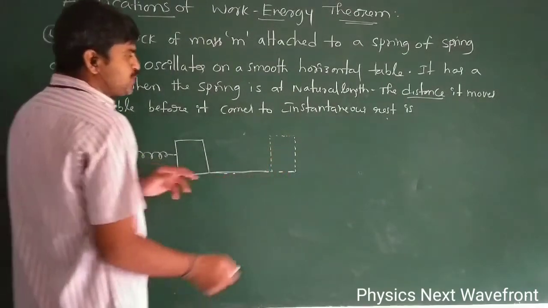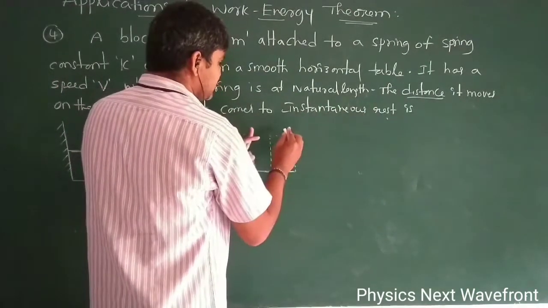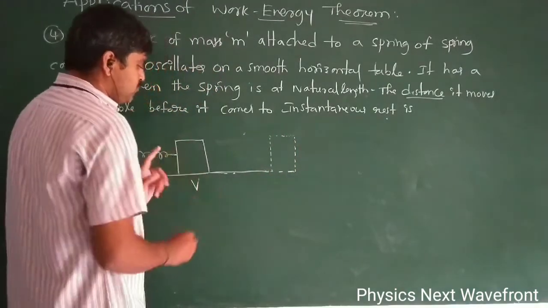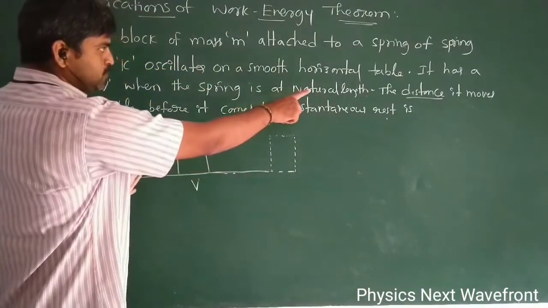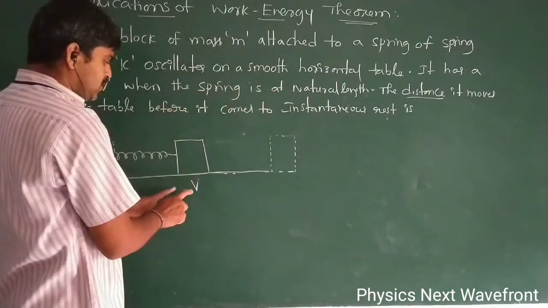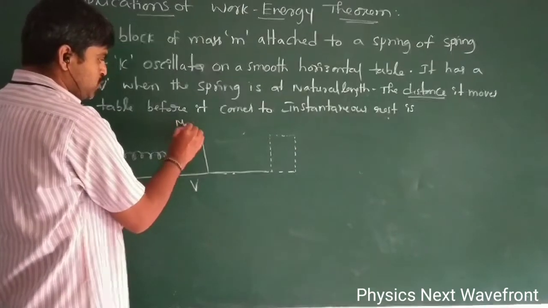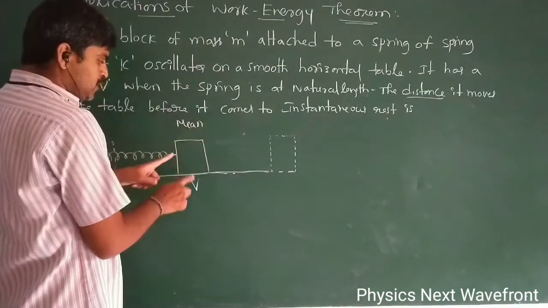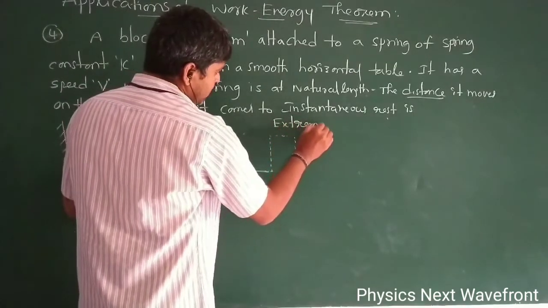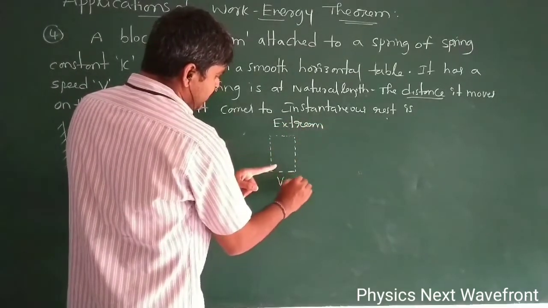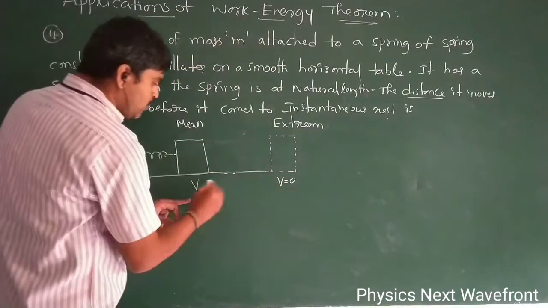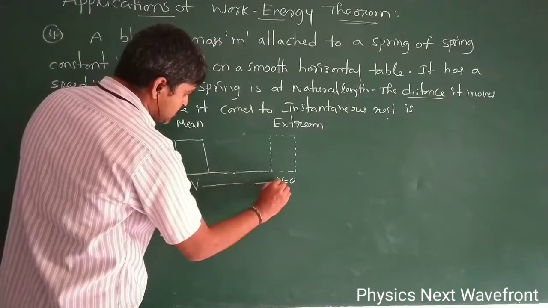At the extreme position, it is instantaneously at rest. At natural length, which is the mean position, the speed of the block is v. Now the distance from here to here, for suppose, is x.